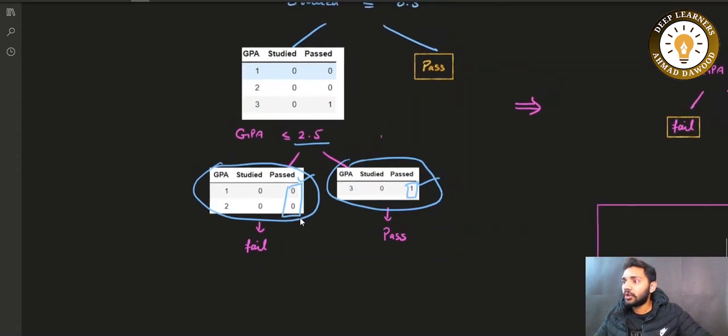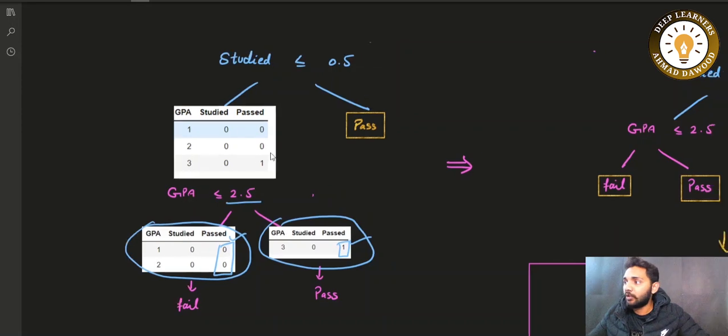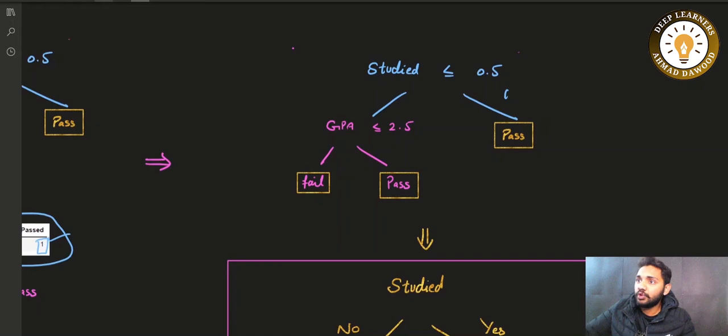Okay, if we want to see all of these rules in the form of simple rules without the data points, we have this type of image. Studied less than 0.5, and let's say I use another color here, a green one.